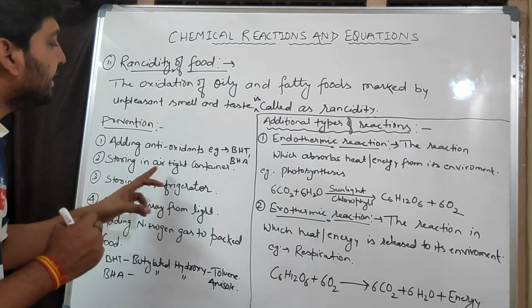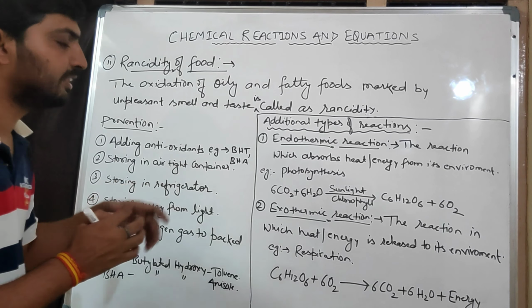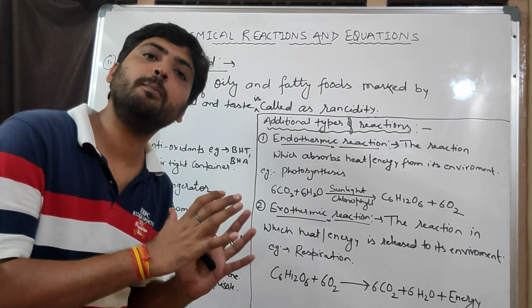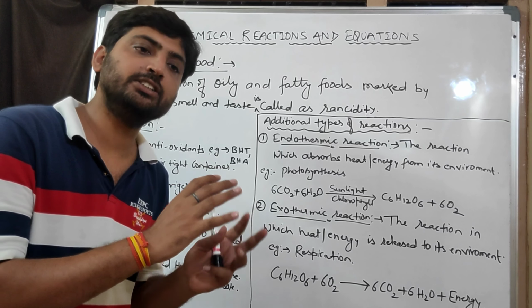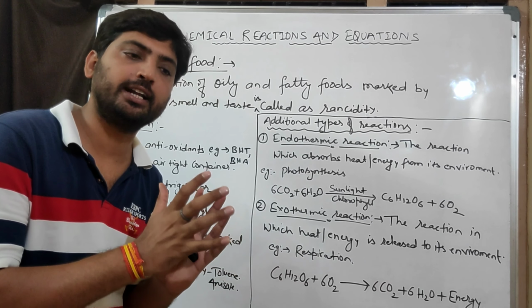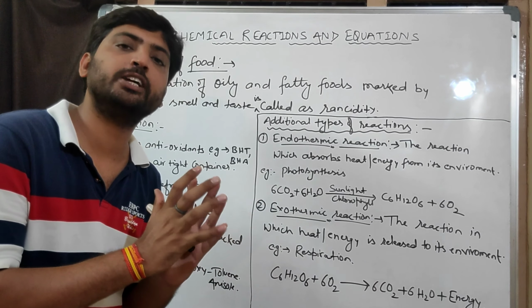Another is storing in an airtight container. We store pickles in an airtight container. Why? To prevent oxidation. If there is no contact with the gases present in the atmosphere, especially oxygen, then there will be no oxidation. Next, storing away from light. We have to store our oily and fatty foods away from light to prevent oxidation.